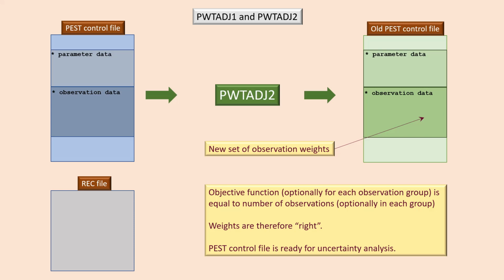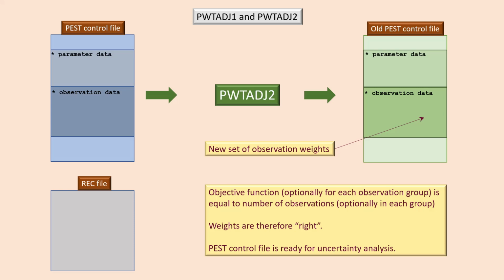On average, each squared residual will be 1, so that the total objective function will be equal to the number of observations featured in the inversion process. PWT-ADJ2 back calculates weights such that this occurs. That is, such that the objective function is equal to the number of observations in the PEST control file.